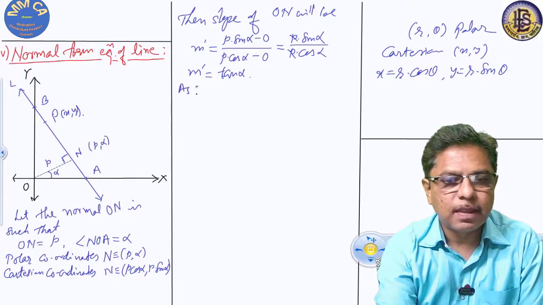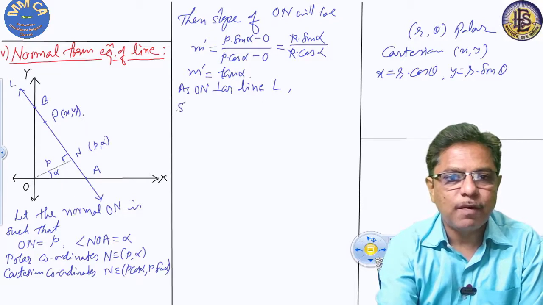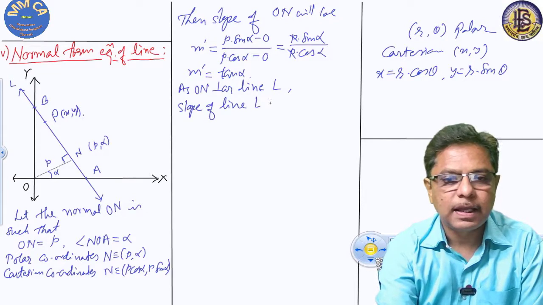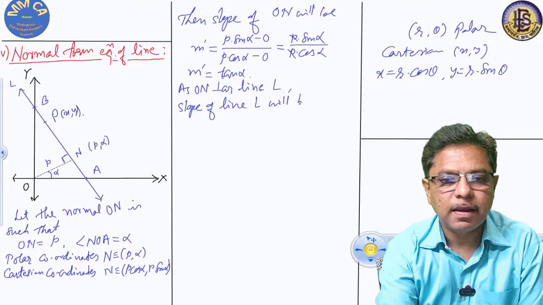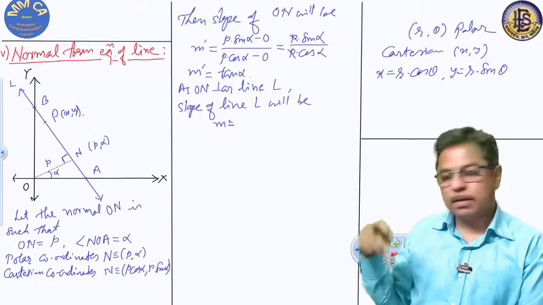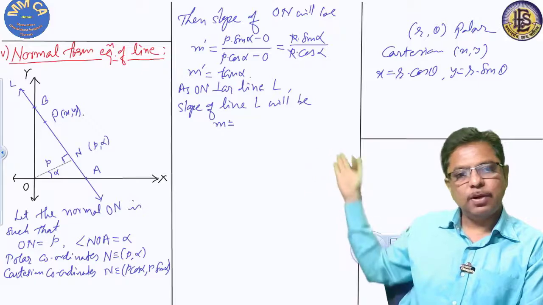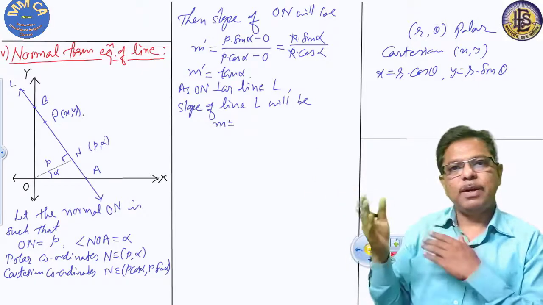As ON is perpendicular to line L, already this is by construction, so slope of L will be denoted by M. Now these two line segments are perpendicular. So we have the property for perpendicular lines.